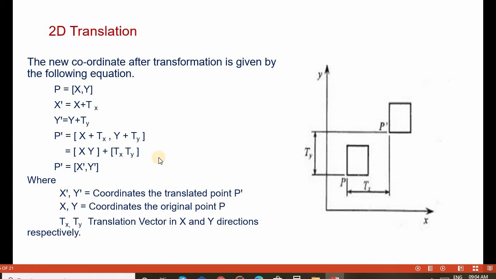Adding the increments, tx in the x axis and ty in the y axis, is called the translation vector or increments. By adding the translation vector in the corresponding x-axis and y-axis, we get the new translated object, called P dash, which is (x dash, y dash). This is the process called 2D translation.